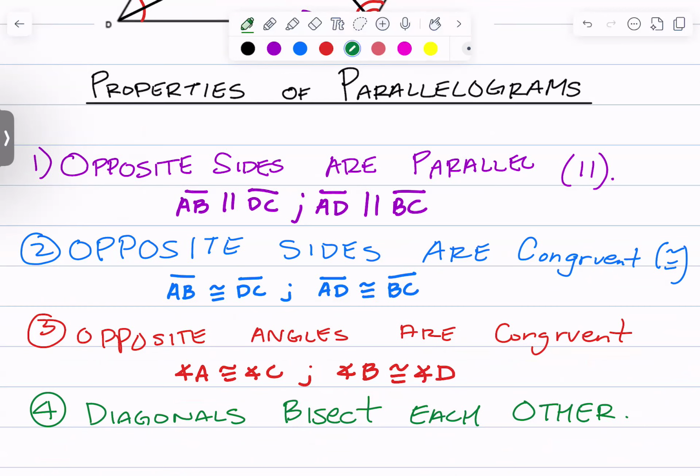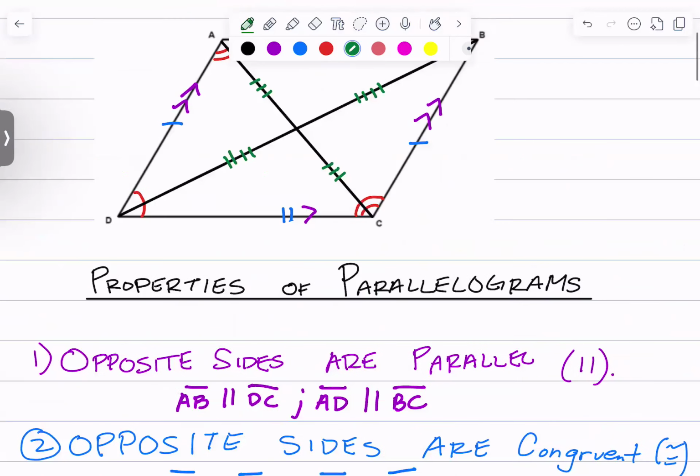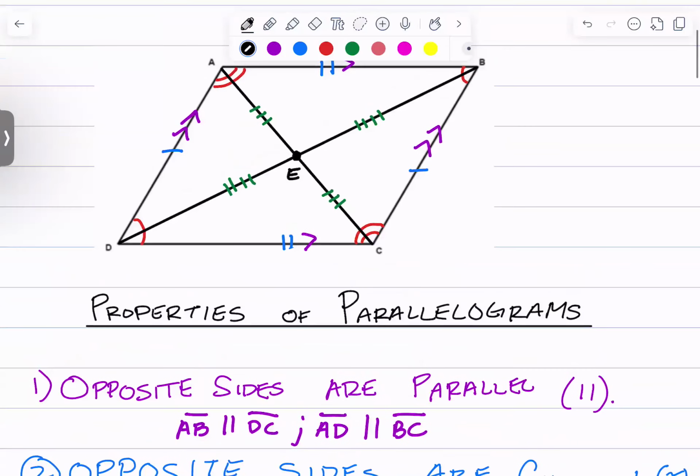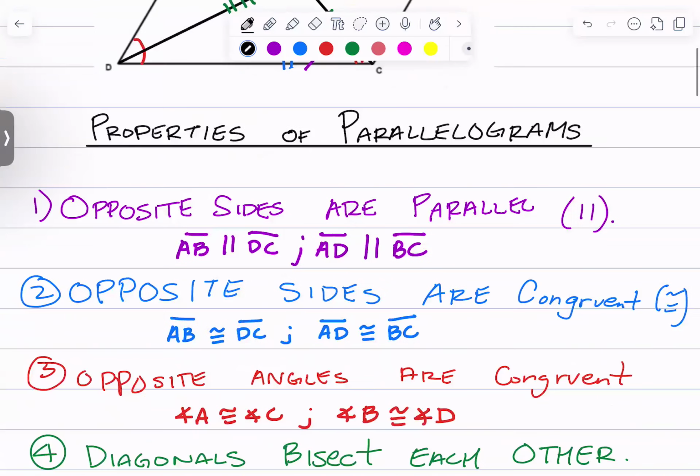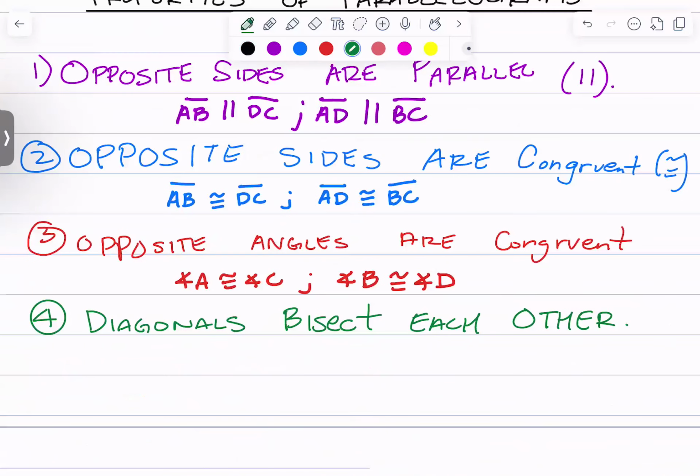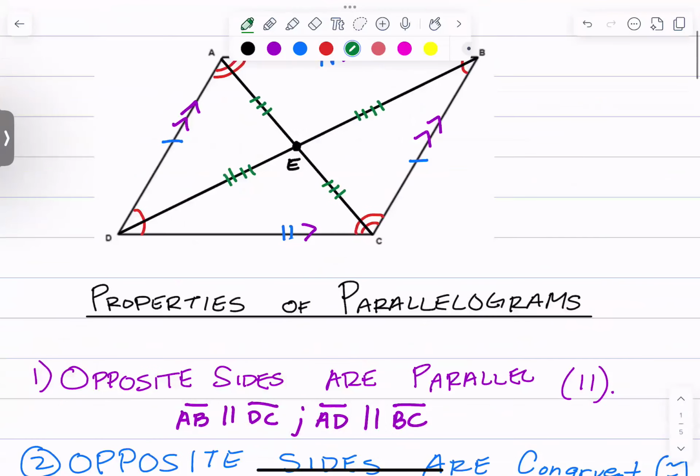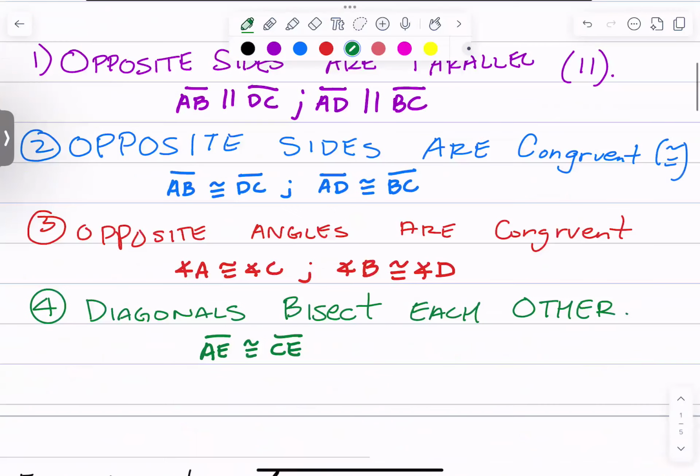Okay, the diagonals bisecting each other. Let's actually put a point right in the middle, E. If they bisect each other, that means that AE is congruent to CE, and BE and DE are also congruent.